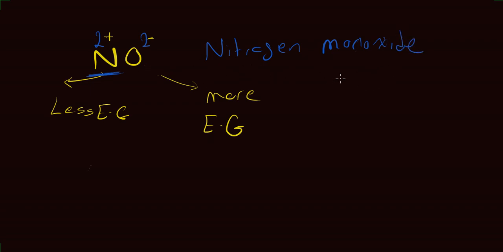You will use these prefixes: mono, di, tri, tetra, penta, hexa, hepta, octa, nona, deca. But if the first element is 1, you don't use mono, only for the second element.